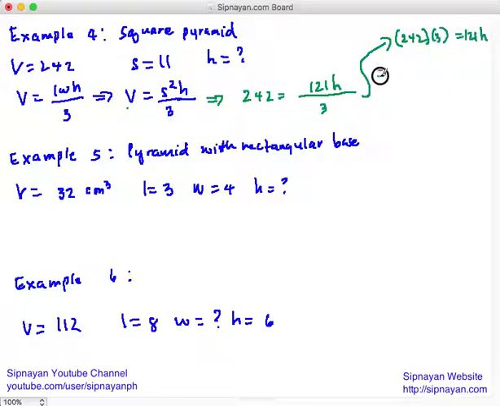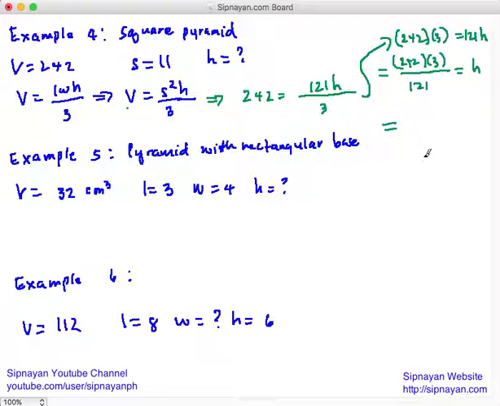Then we divide both sides by 121. Hindi ko muna i-compute to kasi mas madaling cancel, no? 121 times 242 over 3 equals h, no? So from here, we divide both sides of the equation by 121. H na lang natin dito because the 121 here will cancel out each other.